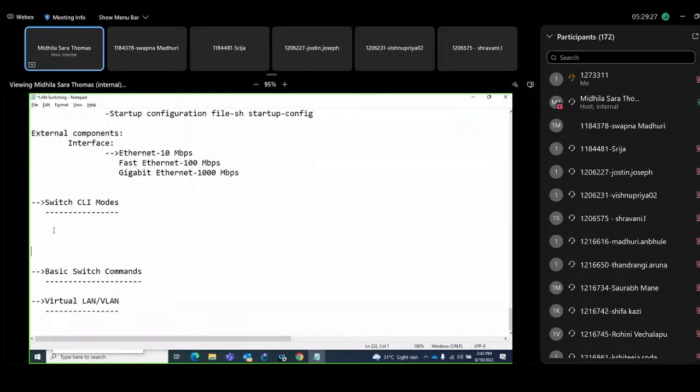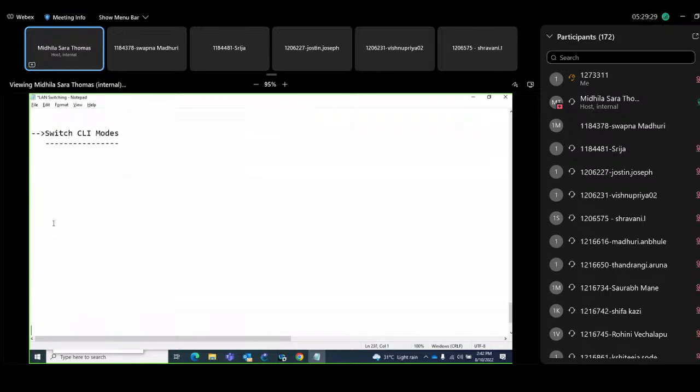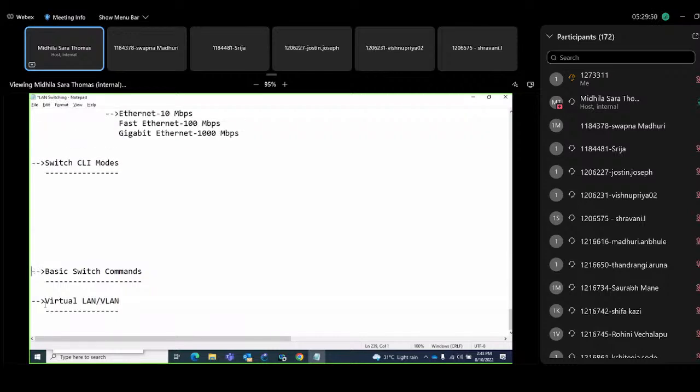Switch CLI modes. How many CLI modes are there, guys? Before doing it, first of all, please don't do the configuration with me. Whatever I am doing, please don't do it with me. Listen carefully only. We are going into hands-on actually.